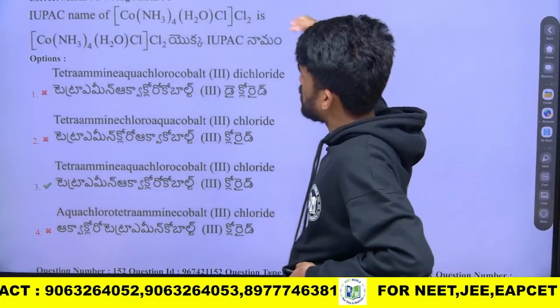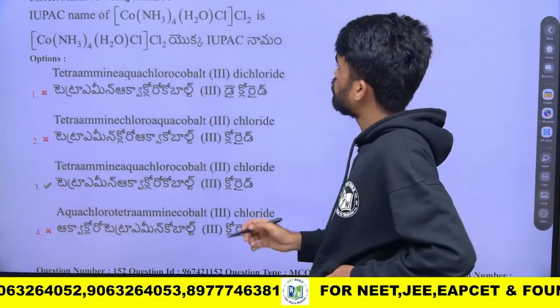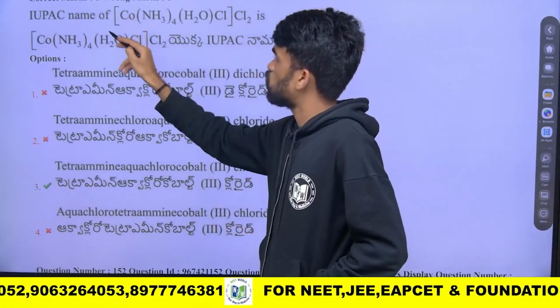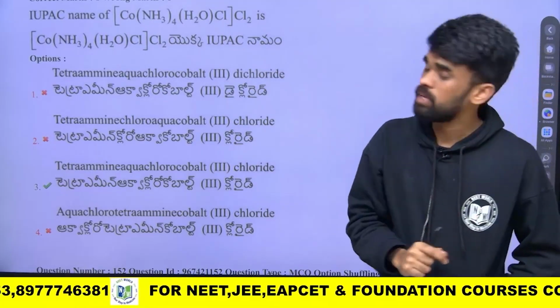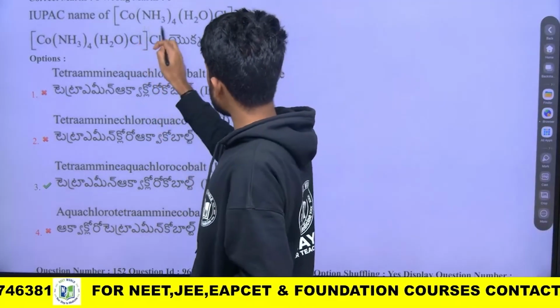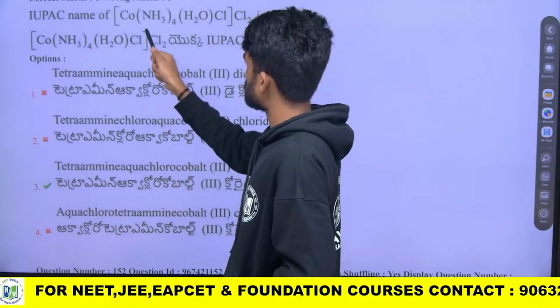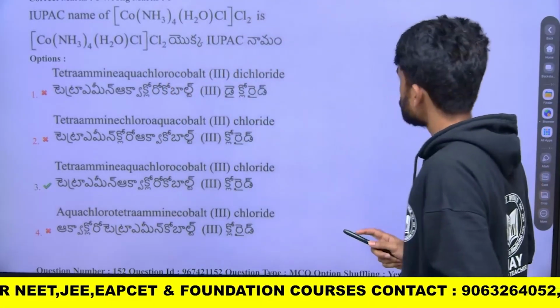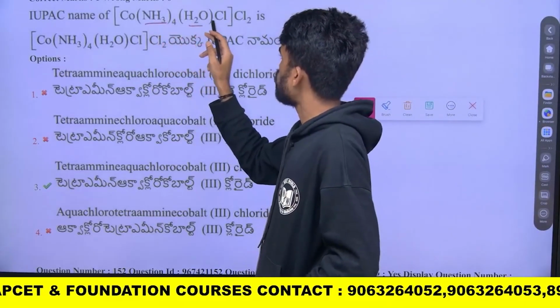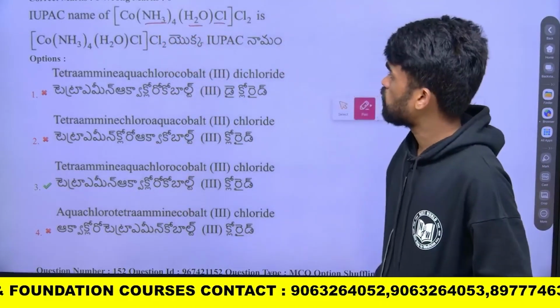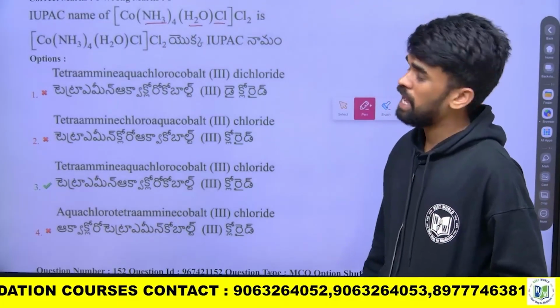IUPAC name of this metal complex is given. So first of all, consider the coordination sphere, which is in the cationic position. Now what are the ligands we have? Just identify them first. After that, follow their alphabetical order. This is amine, this is aqua, this is chloro. Which alphabet comes first? Amine, AM comes first.